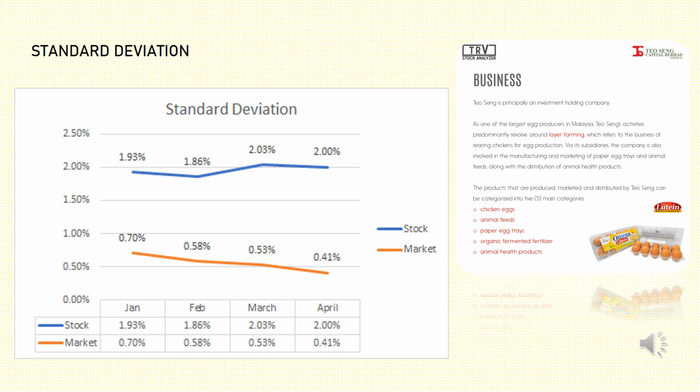A high standard deviation means that there is a large variance between the data and the statistical average, and it is not reliable. Since a high standard deviation, which is above 2%, indicates high volatility of a stock, Tiosan Capital is in between high and low, which indicates a normal stock standard deviation.